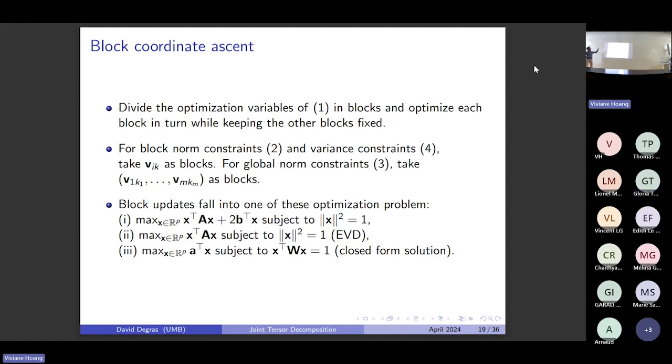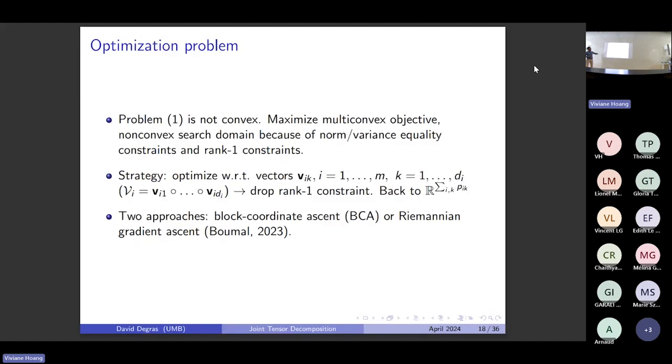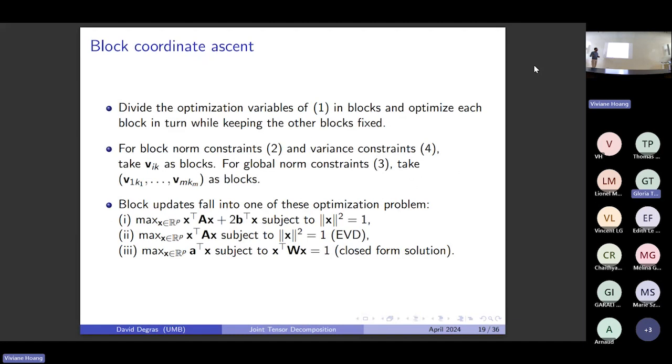Block coordinate descent, the idea is to take all our vectors VIK and somehow chunk them up into blocks, fix all the blocks except one and optimize that block, and then we'll cycle through the blocks and we'll keep improving the objective until we converge.